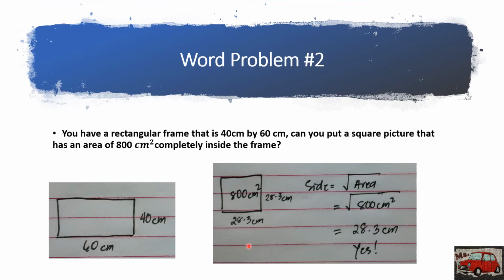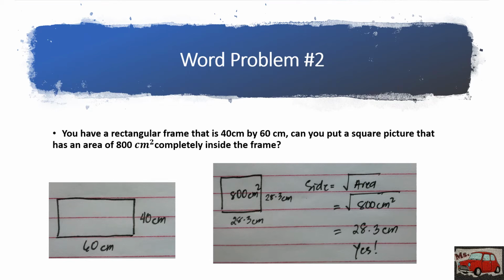Yes, kasi yung 40, mas malaki naman siya dun sa 28.3 cm. So, ibig sabihin, magkakasya yung side nito dito sa loob ng rectangular. Ganun din dito, kasi mas malaki naman yung 60 cm dito sa 28.3 cm. Okay? So, the answer is yes. Malalagay natin yung square picture dito sa ating rectangular frame.